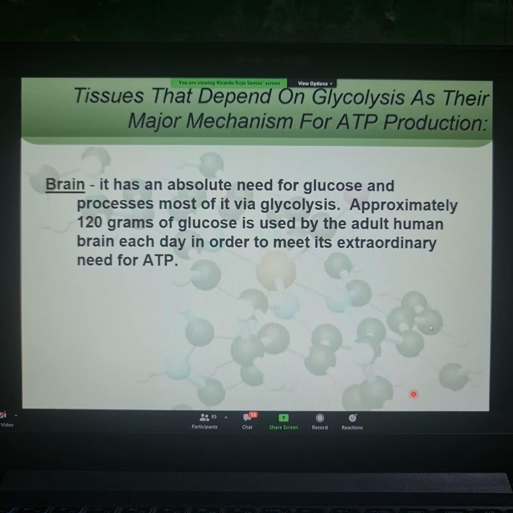Now, one of the great users of glucose and of the glycolytic pathway is the central nervous system, particularly the brain. It has an absolute need for glucose and processes most of it via glycolysis.